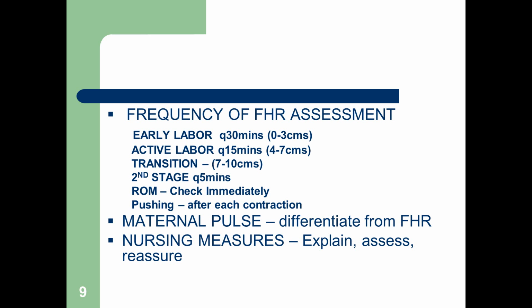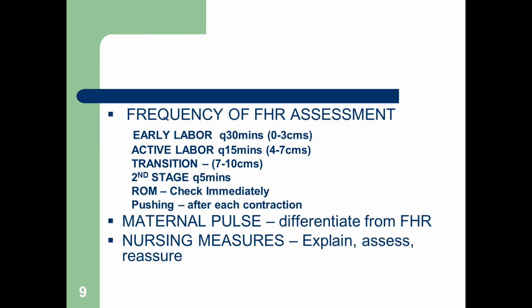Tachycardia, that's when the heart rate's fast, right? Anywhere from 161 up to greater than 180. Bradycardia, anywhere from 100 up to 110, or they categorize it as mild, moderate, or severe. A moderate bradycardia may be 80 to 100, and severe may be less than 80.